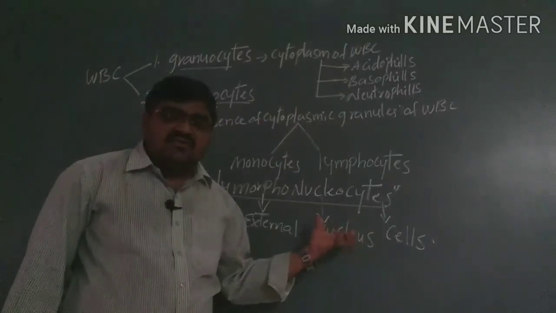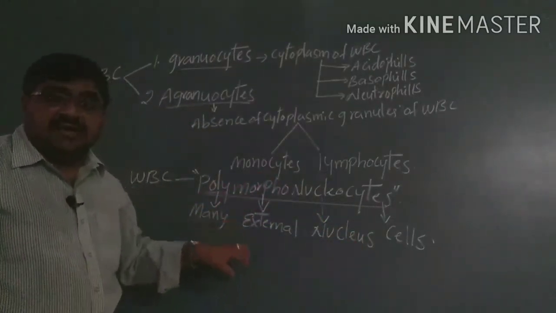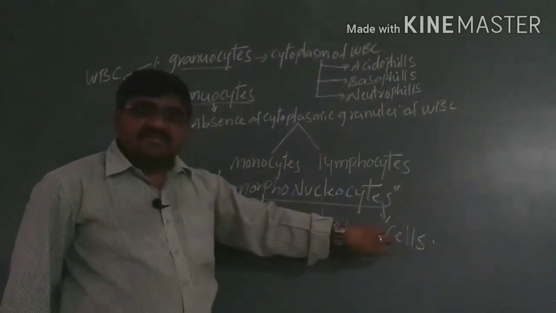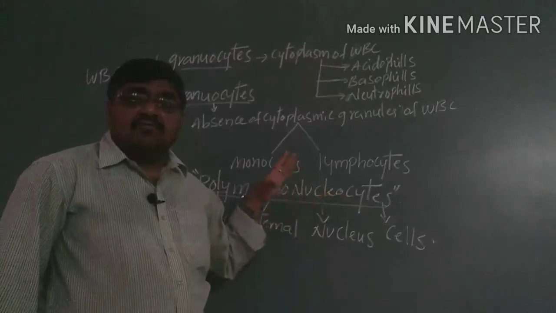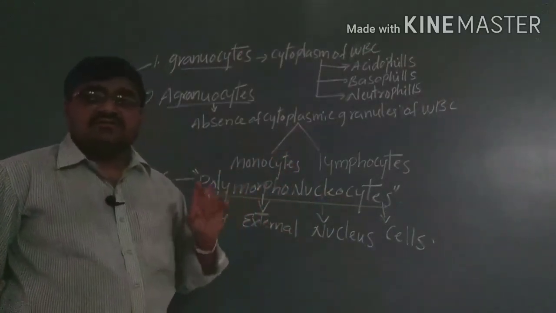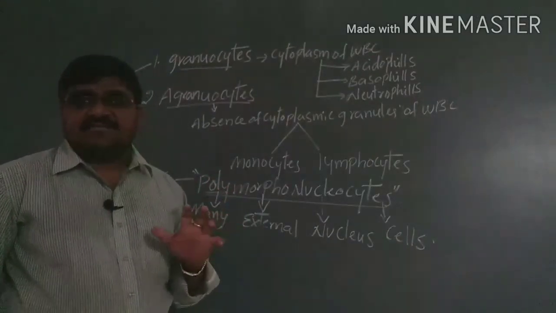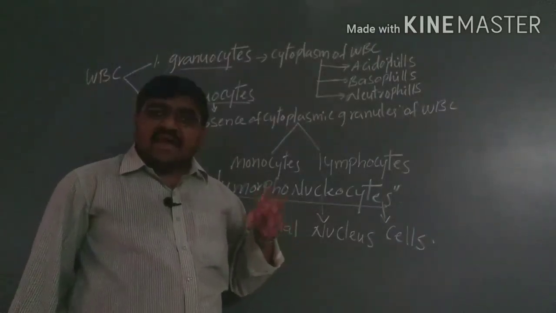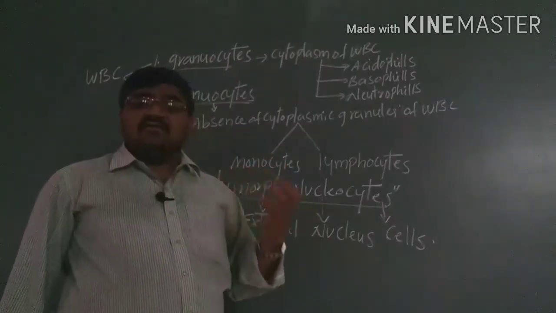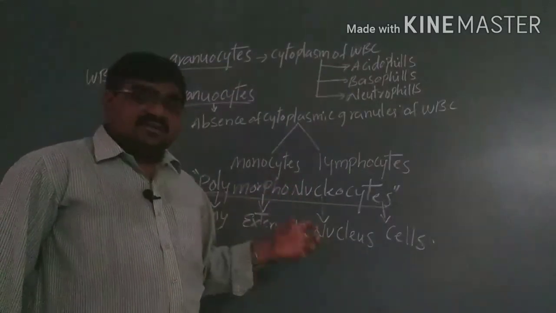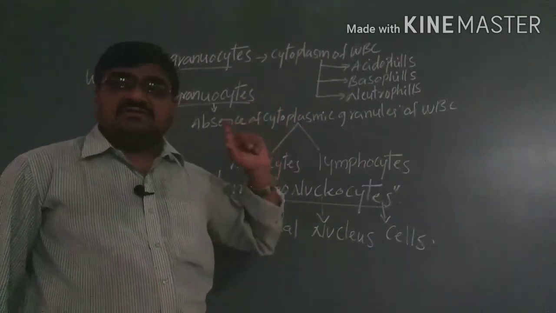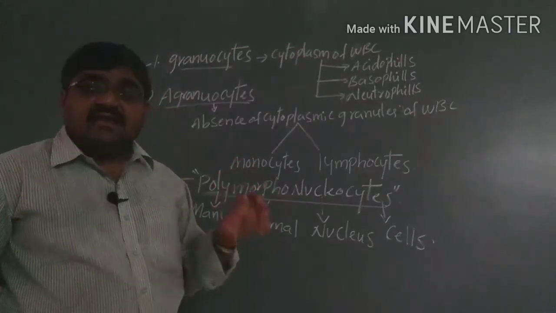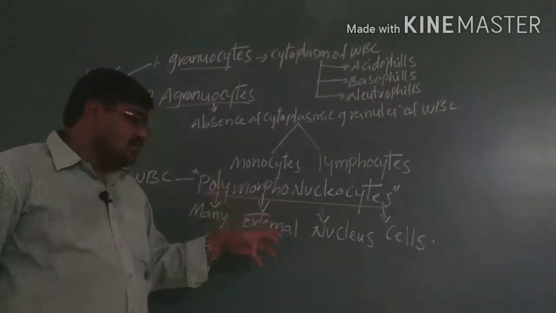That means by seeing the nucleus of the white blood cells, we can easily identify the type of WBC, whether granulocytes or agranulocytes, acidophils, basophils, neutrophils, monocytes or lymphocytes. So we call them polymorphonuclear.